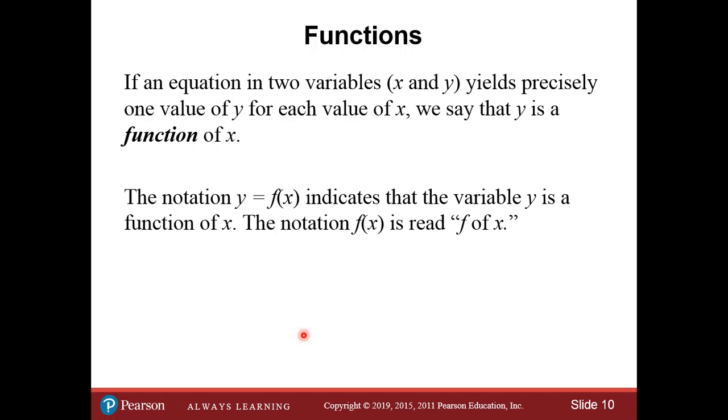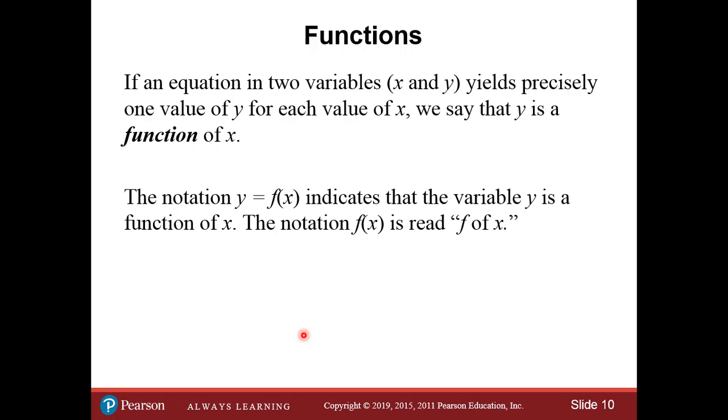Now, if an equation of two variables, x and y, yields precisely one value of y for each and every value of x, we say that y is a function of x. So it's a special relationship. Not all relationships are functions.